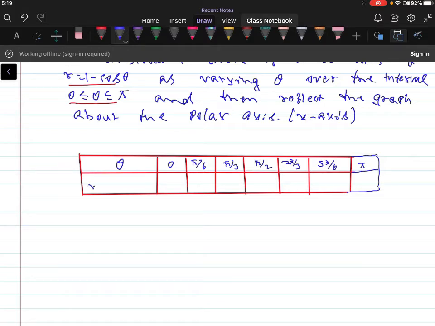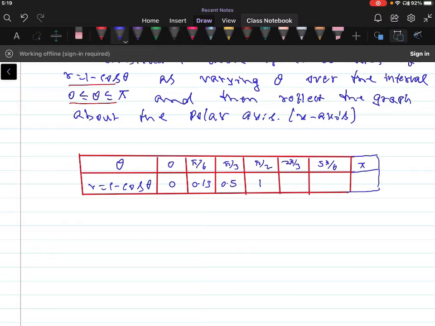So the r value, r is equal to 1 minus cos theta. When theta is equal to 0, cos 0 is 1, 1 minus 1 is 0, so r is equal to 0. When theta is equal to pi by 6, 1 minus cos pi by 6 value is 0.13. When theta is equal to pi by 3, 1 minus cos pi by 3 value is 0.5. When theta is equal to pi by 2, 1 minus cos pi by 2 is 1.